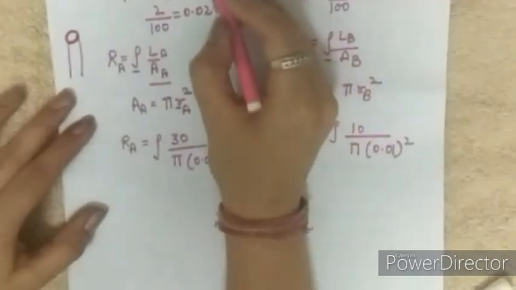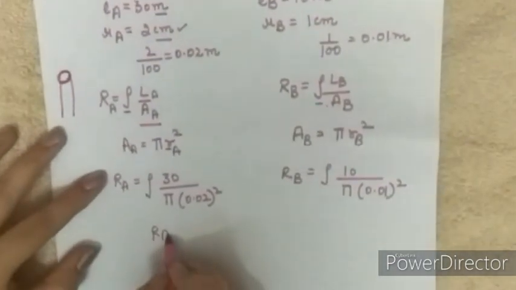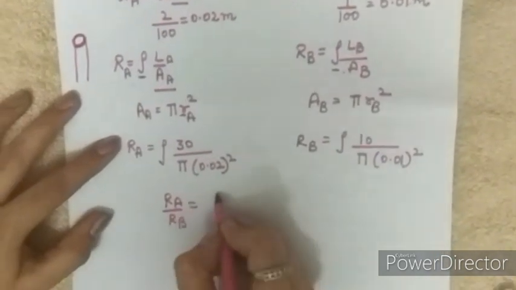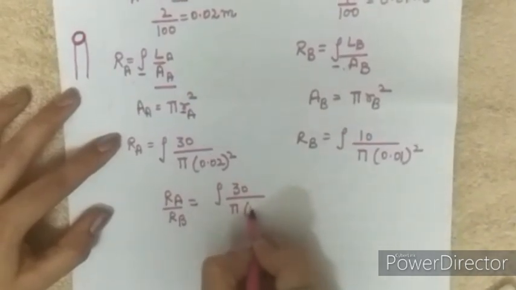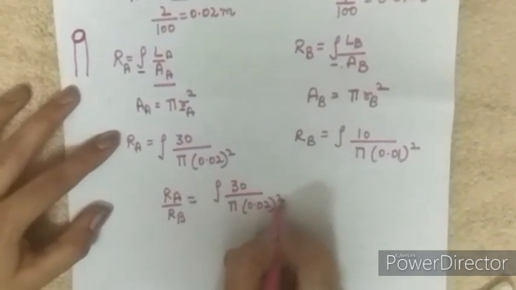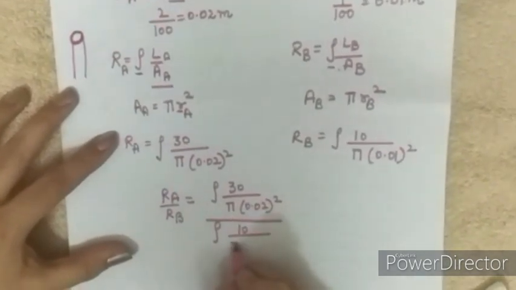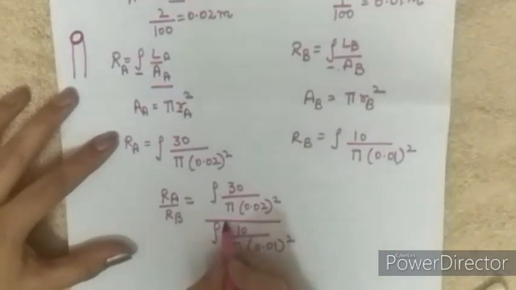Now we need to compare the resistance of these two wires. To compare the resistance, RA upon RB is equal to rho 30 upon pi 0.02 whole square, upon rho 10 upon pi 0.01 whole square.